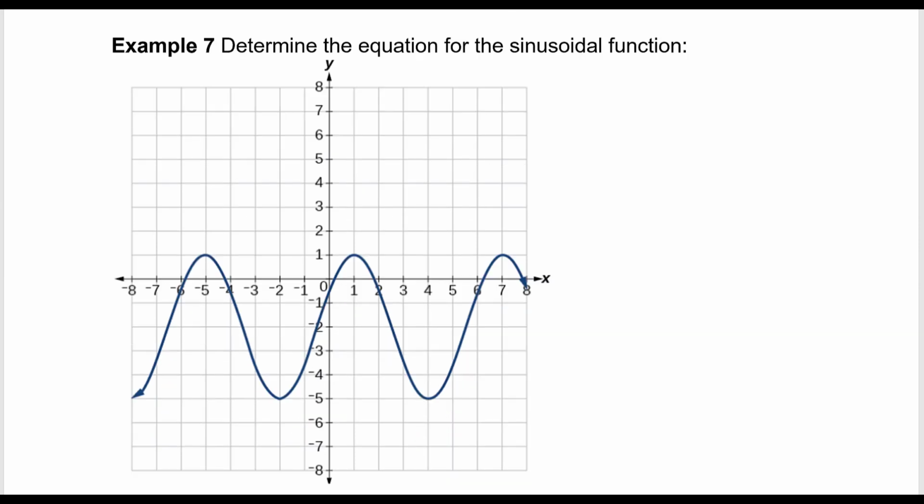Determine the equation for the sinusoidal function. So I'm tempted to go with a sine on this one. And let's put this together. It could go with a sine or a cosine.